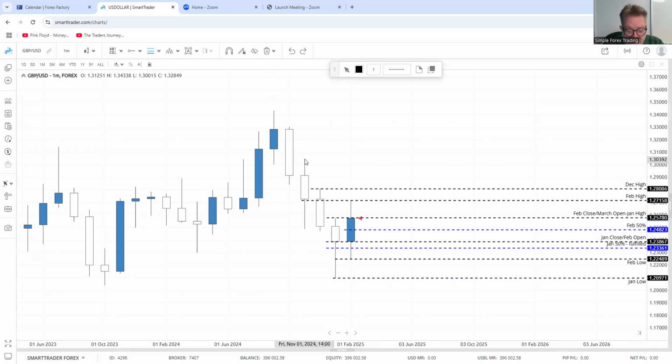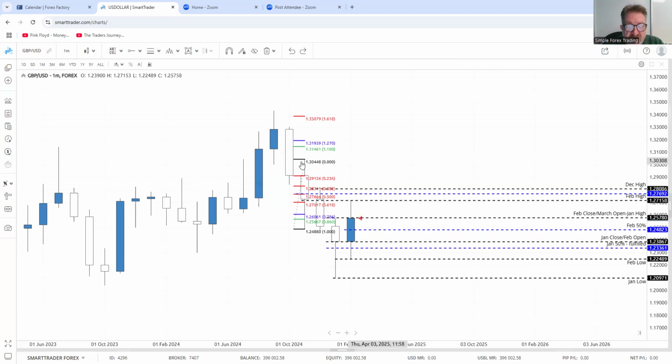So we're going to check this. And the 618, 50% right there. And you can clearly see that it's fulfilled. But again, it works as a good resistance. So we can mark this.